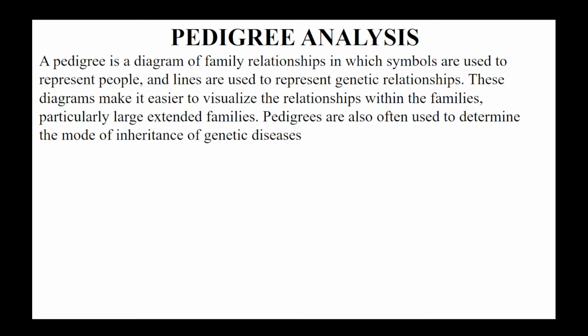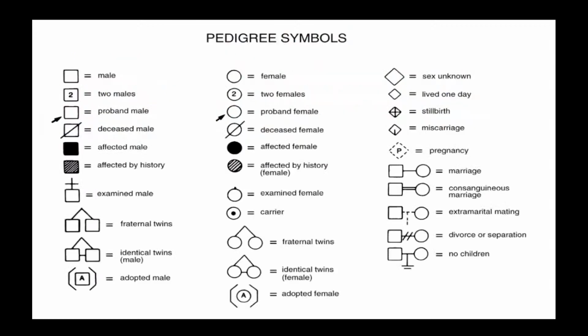Pedigrees are also often used to determine the mode of inheritance of genetic diseases. So the pedigree shows the transfer of characteristics from generation to generation, and we can determine the mode of inheritance. We can determine the level of this inheritance and others.